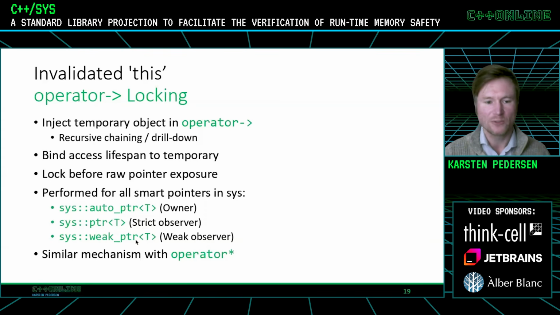Or then the weak pointer, which is a weak observer, which basically just gets set to null if the original object it's referring to goes out of scope. So it's actually a similar mechanism. If you do a dereference operator here, it'll also create a temporary object which will lock the object we're accessing for the lifespan of that access.